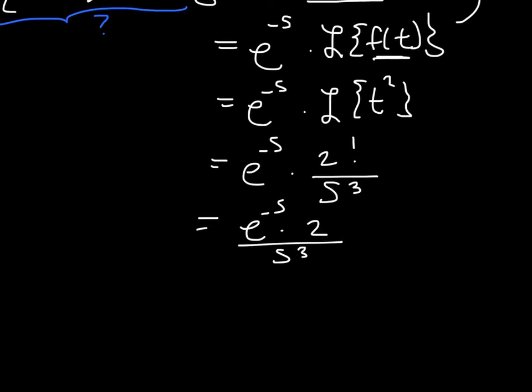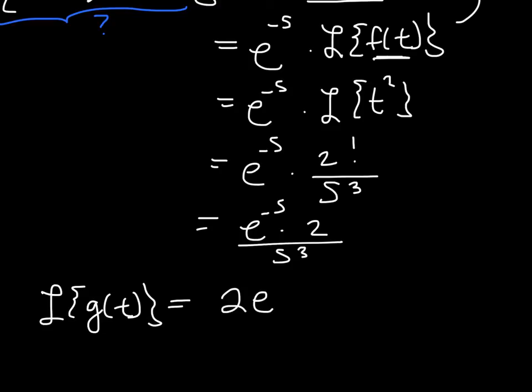So then the Laplace transform of our g of t, our piecewise function, is 2e to the negative s all over s cubed.